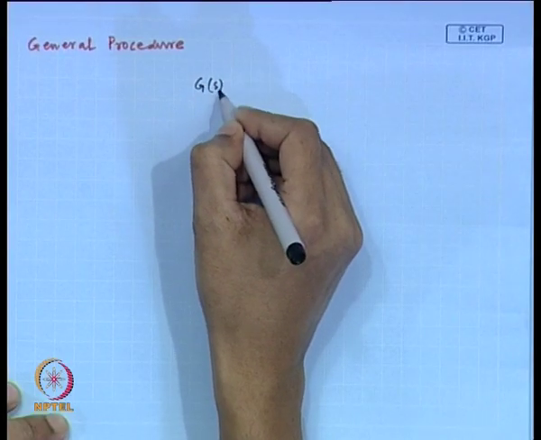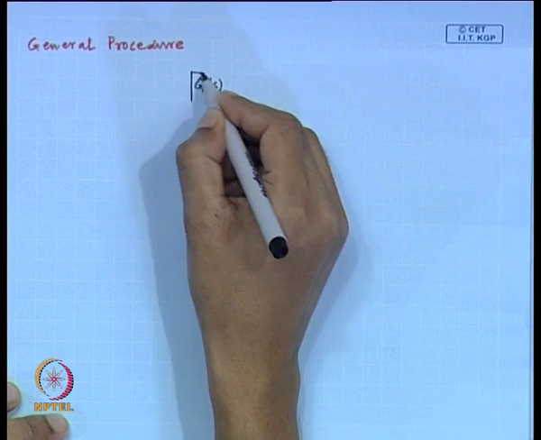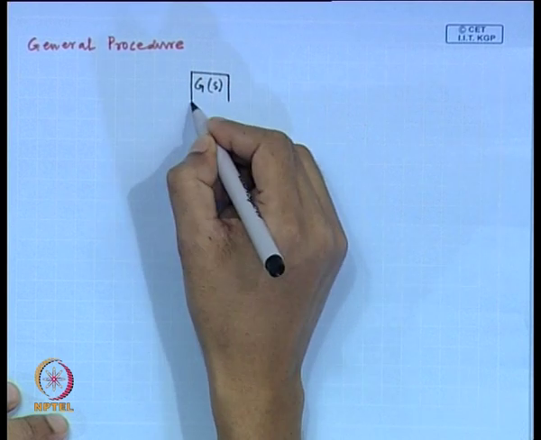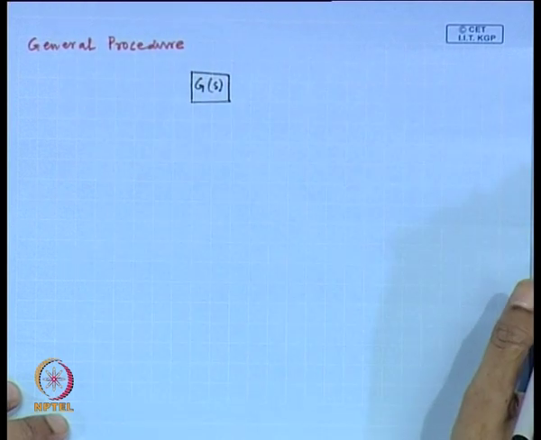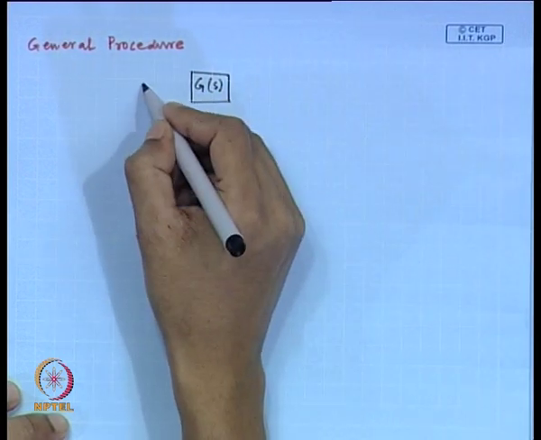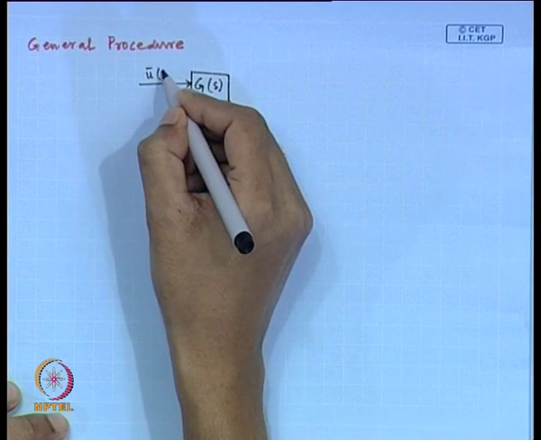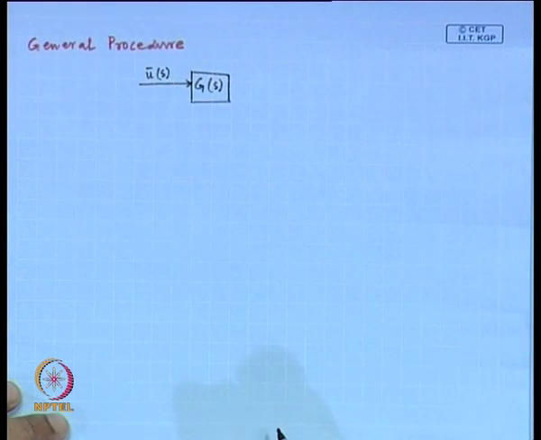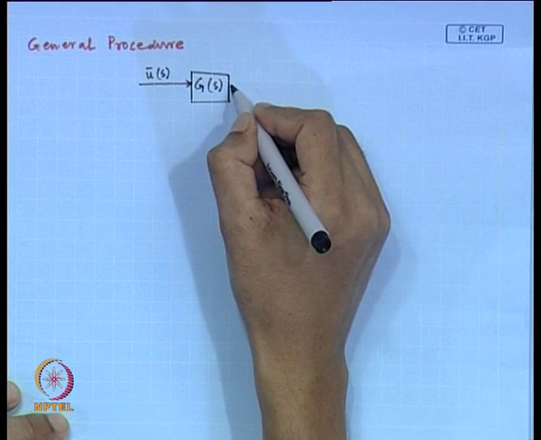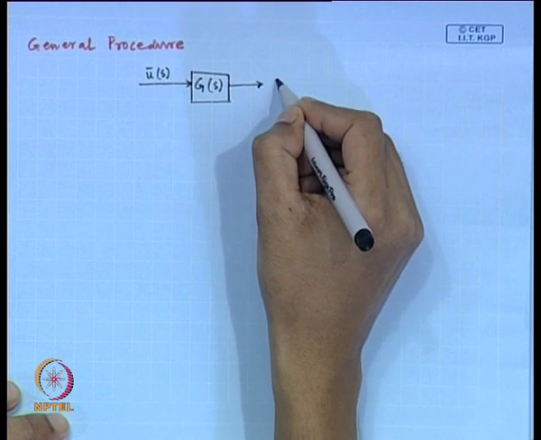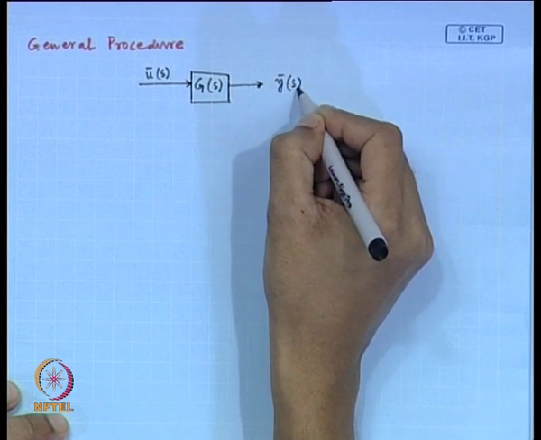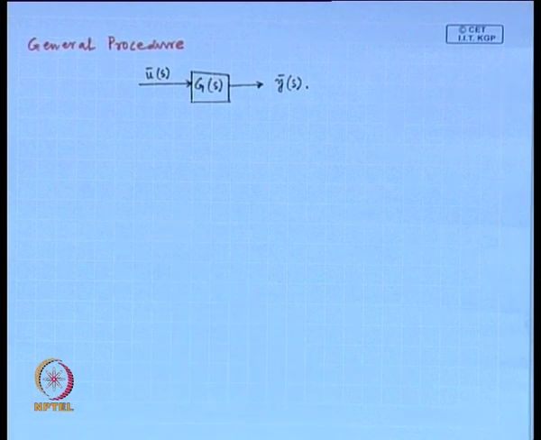Say G(s) is the transfer function of a process, fine. Now, the input to this process we can write as u bar s and the output is y bar s.